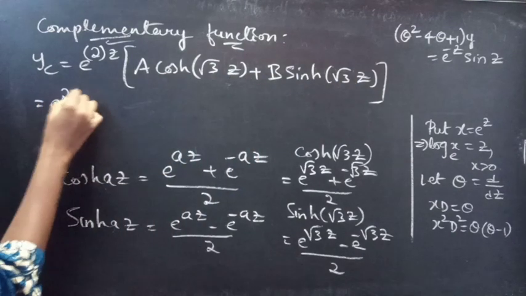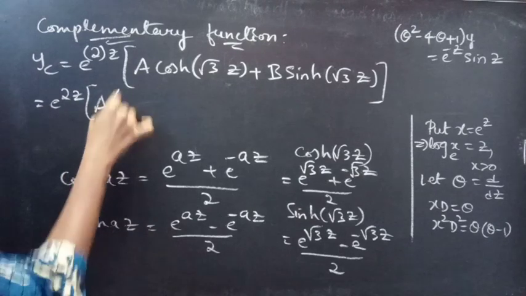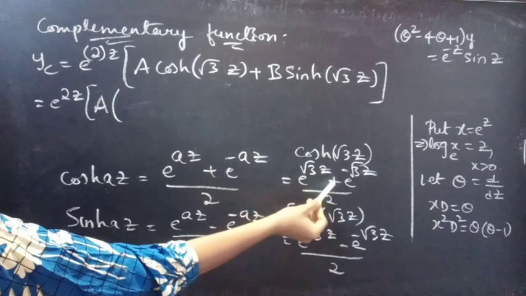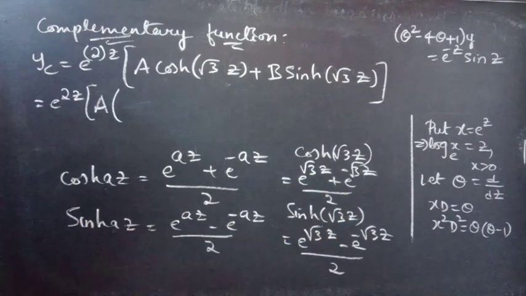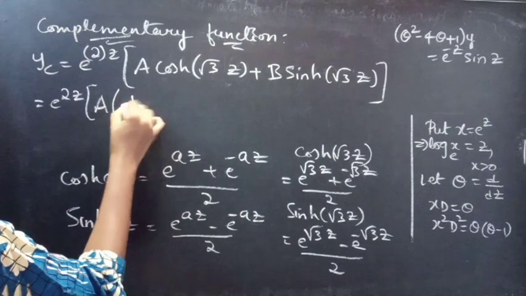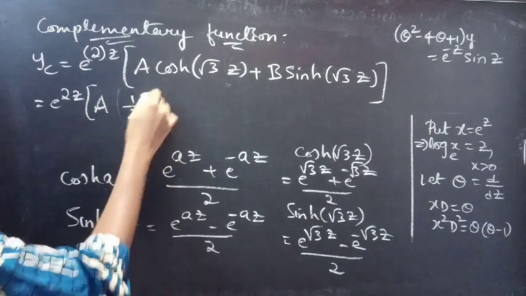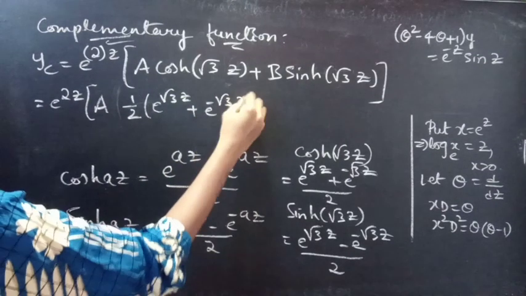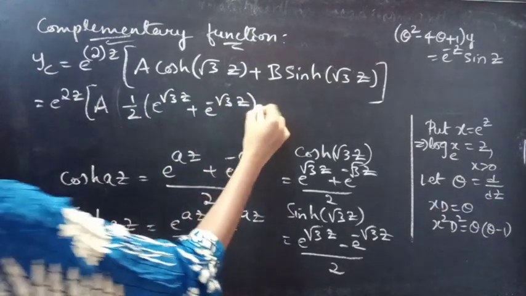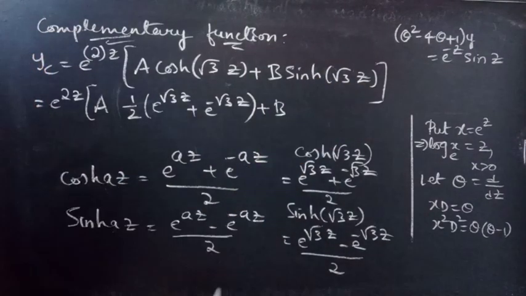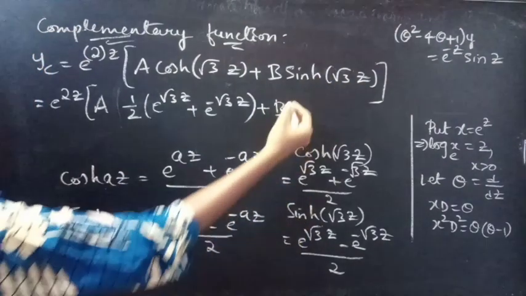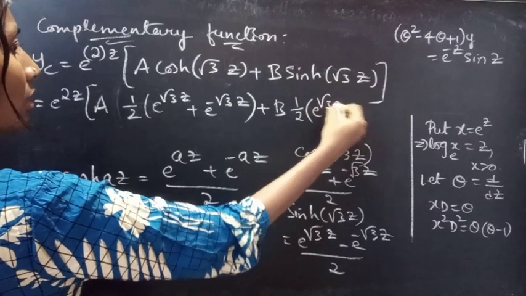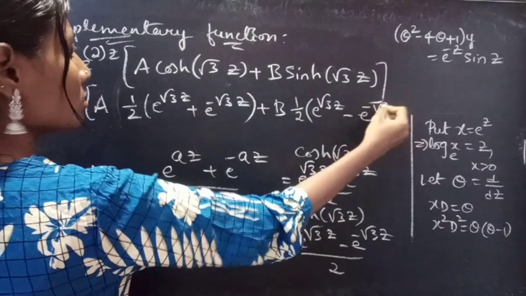Okay. We can replace cos h root 3z and sin h root 3z. We'll get e power 2z into a into (e power root 3z plus e power minus root 3z) by 2, right? We can also write this as 1 by 2 into (e power root 3z plus e power minus root 3z) plus b into, replace sin h root 3z by this, 1 by 2 into (e power root 3z minus e power minus root 3z).